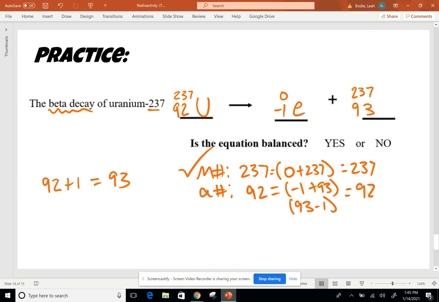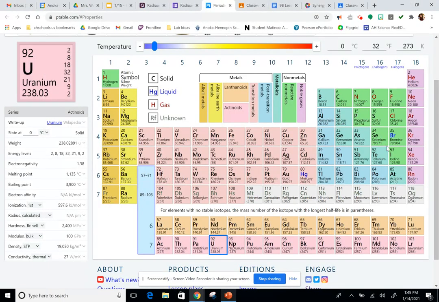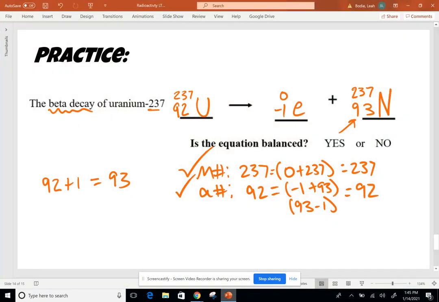Either way, I get 92, and perfect. So that is all balanced. So now I can go to the periodic table, see what element has an atomic number of 93, and that would be neptunium here, Np. So I come back, and there we go. And that was all for our lecture today.